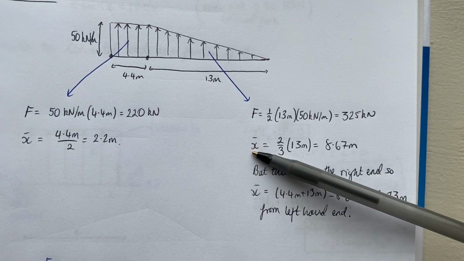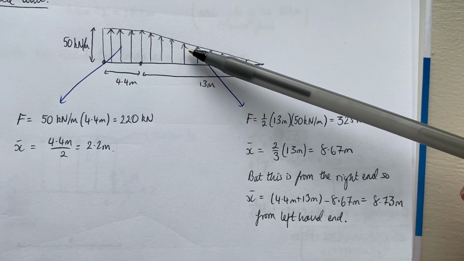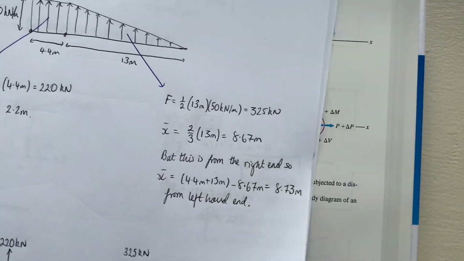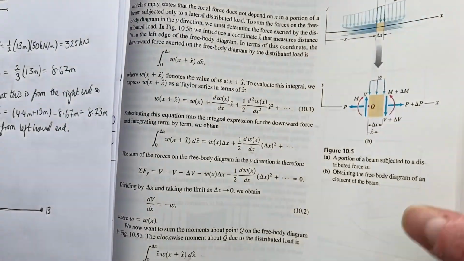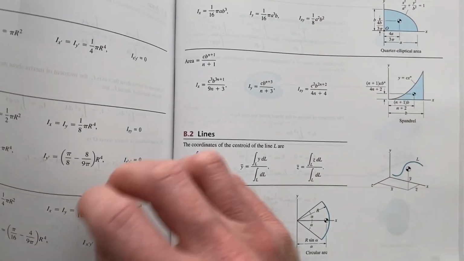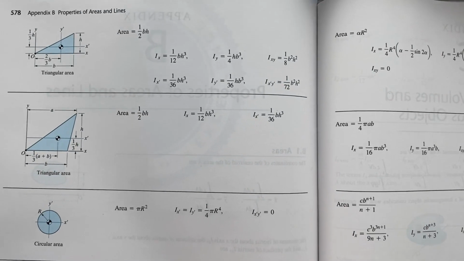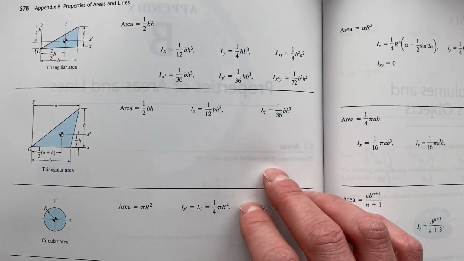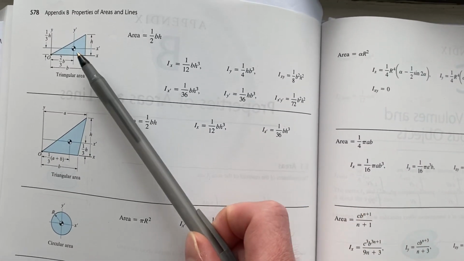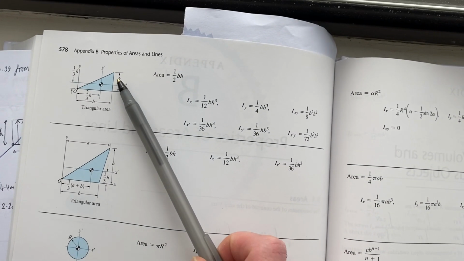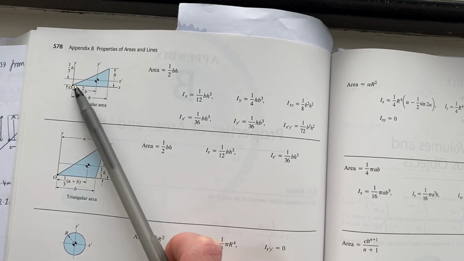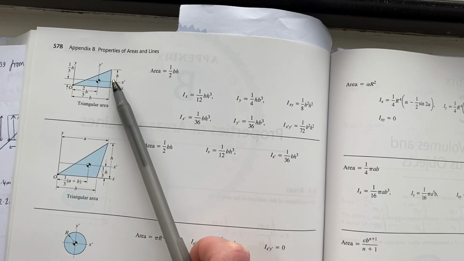To find the x-coordinate of the centroid of this triangle is slightly more complicated. We can look up our standard results from the textbook for a triangle. So if we flick back to Appendix B for a triangle here, look, page 578, we can see that the coordinate of the centroid is just 2/3 from the small end, or 1/3 from this side.